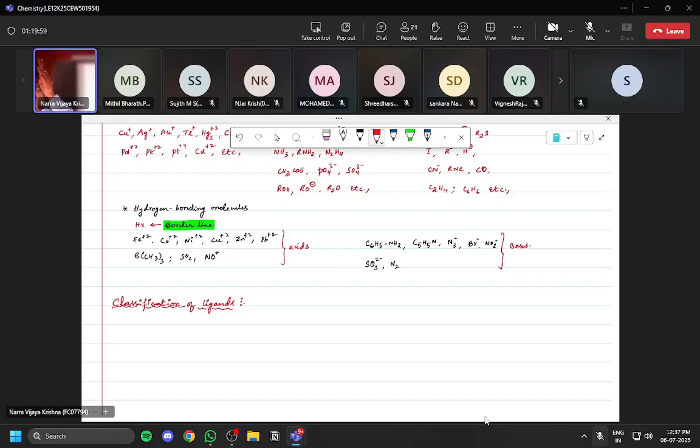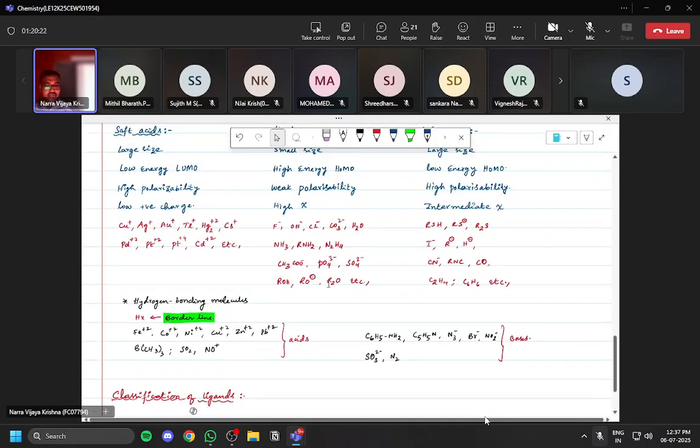Hard acids prefer to form strong covalent bonds with hard bases. Soft metal atoms prefer to form stable complexes with soft bases. Soft prefer soft, hard prefer hard. So this gives one basic idea about stability of complexes. Clear? Now observe where iron is.